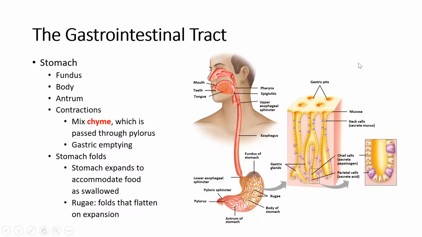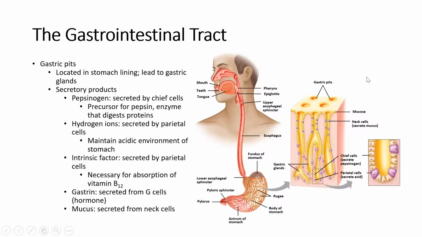Let's talk about the parts of the stomach. The stomach has the fundus, which is this top portion here. It has the body, which is pretty much all of the rest of the structure. It has the antrum, the distal part of the stomach that eventually becomes the pylorus. And then it has the greater and lesser curvature.